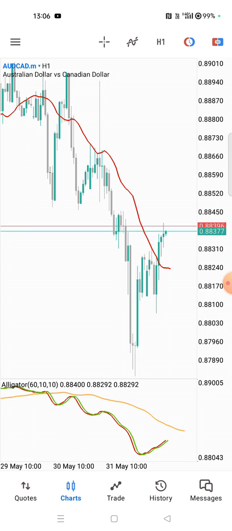I put 2 trades, one at 0.01 and another 0.01. The first one, yes, it took my first TP, which was 20 pips, but then it retraced all the way and hit my stop loss, which was either 40 or 50 pips.